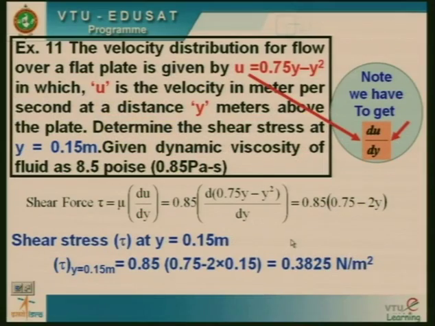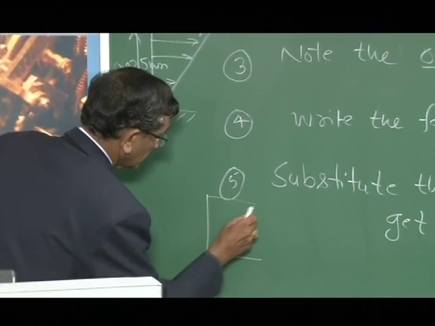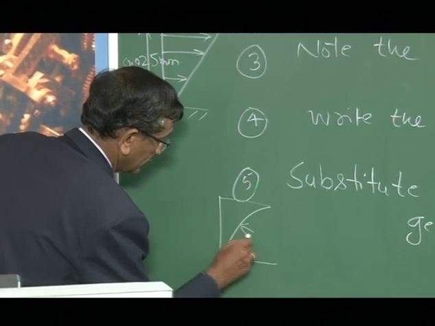Let us take one more problem. This problem is slightly different. I will read out the question. It is a very interesting question. The velocity distribution for flow over a flat plate is given. This time it is not linear. I will go to the board now. You can see here the velocity distribution is not linear. It is varying with a second degree.